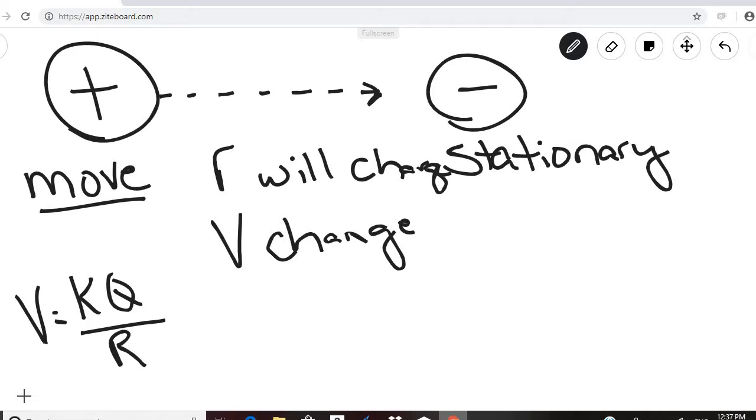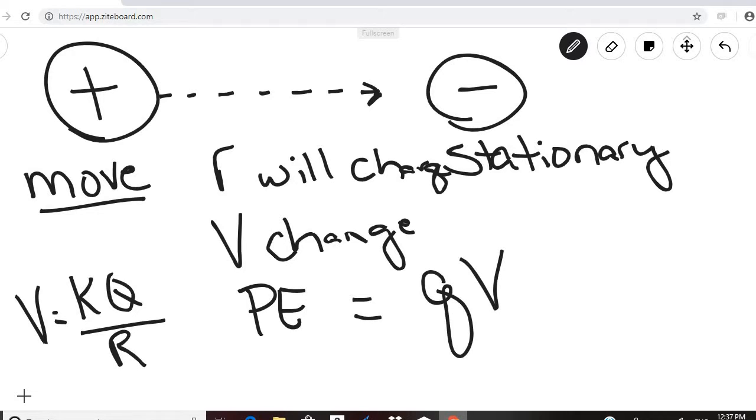Well, if I change V, then potential energy is going to change, because we said that potential energy is Q times V. Okay, so as this charge moves toward that one, R is going to change, therefore V will change, and if V changes, then potential energy will change.